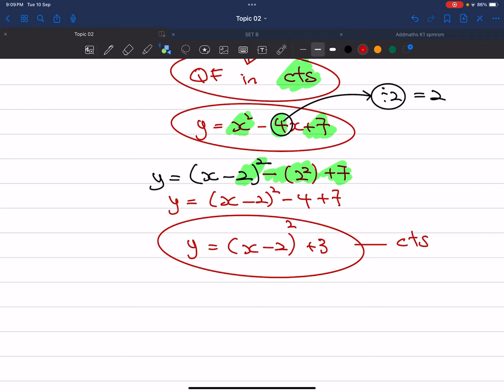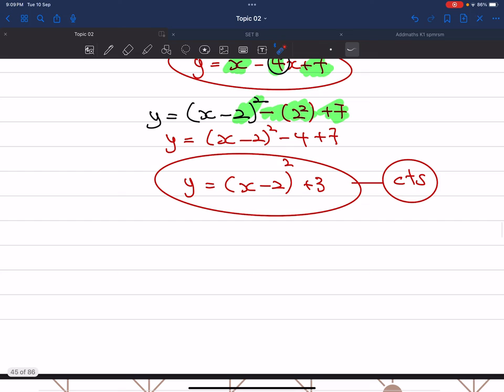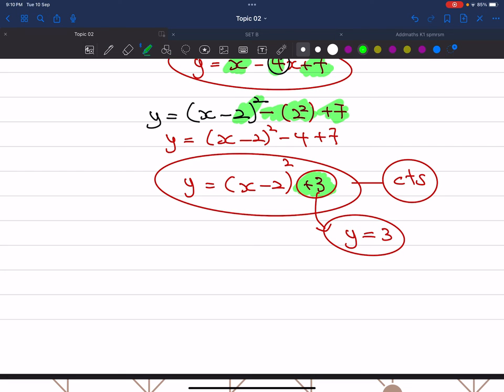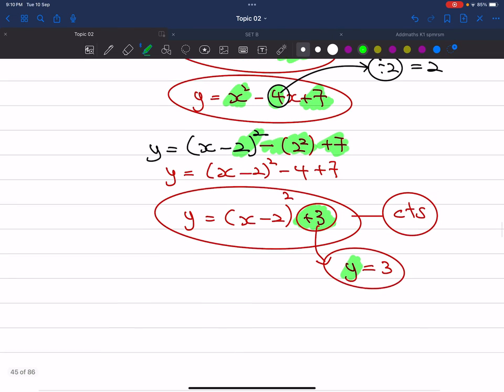And in this complete the square, in the previous lesson I said that the number outside the brackets, that is the y coordinate. So y coordinate is 3. And that y coordinate is the same as the minimum or maximum value.